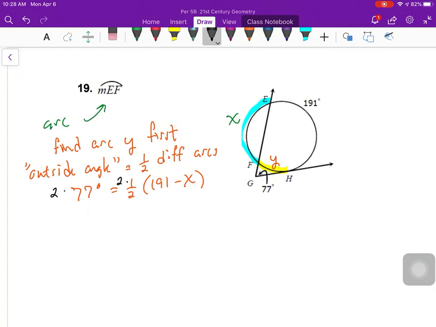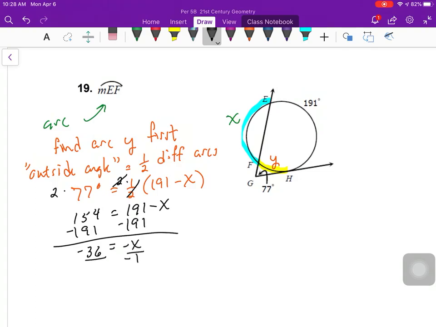So 77 degrees equals half 191 minus x, multiplying by 2 on both sides. 77 times 2, 154 equals 191 minus x. Subtract 191. Negative 36 equals negative x, divided by negative 1.